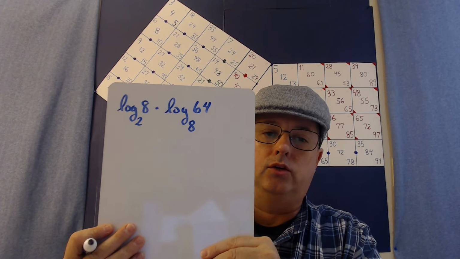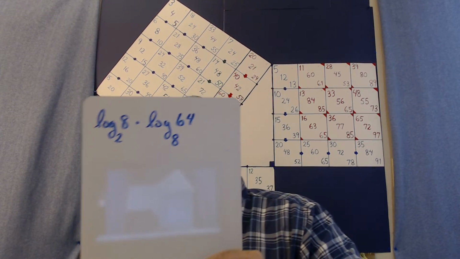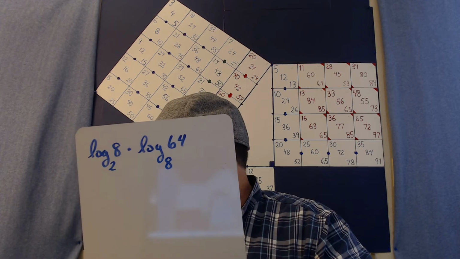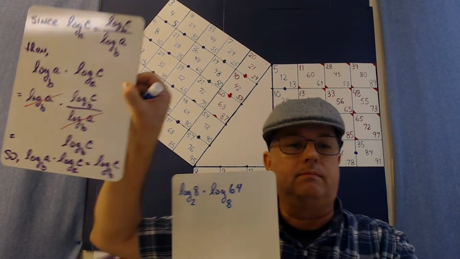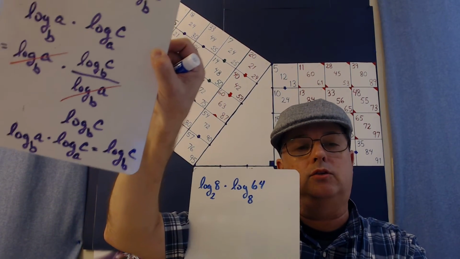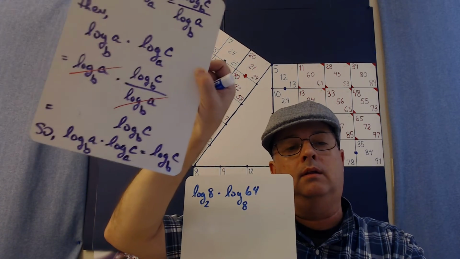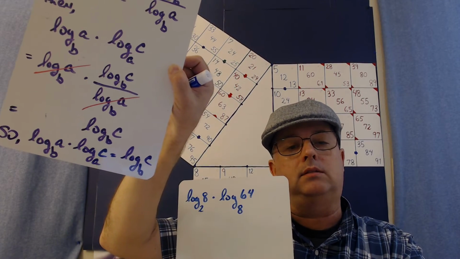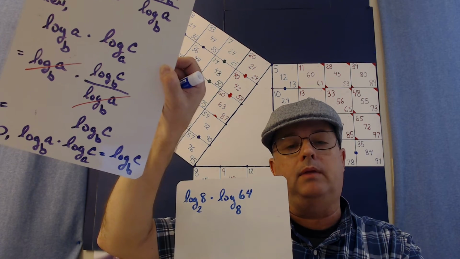Now the property, this feature of logarithms, says that we can just cancel out the argument and the base, and then we have log base B of C. So that's what we're going to do here.